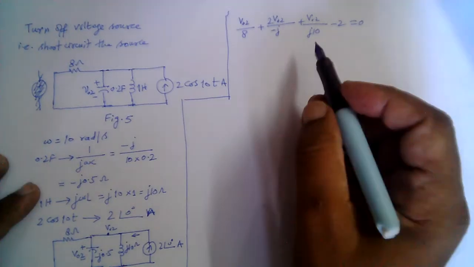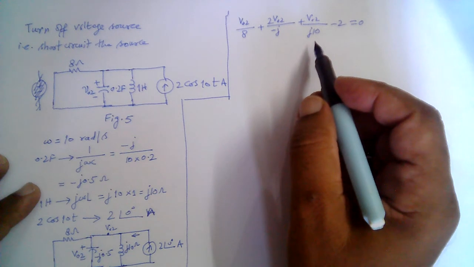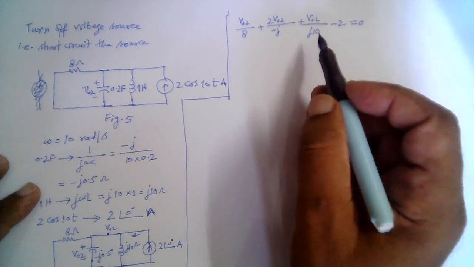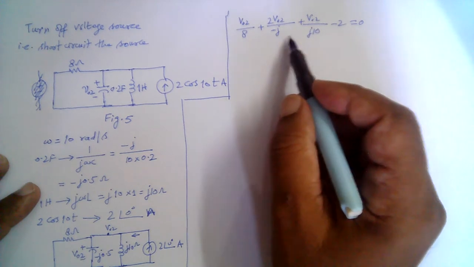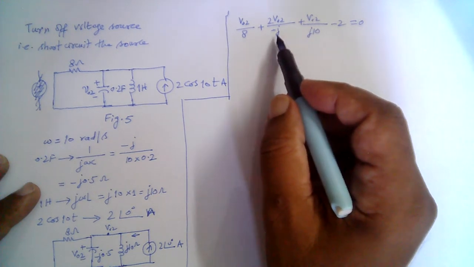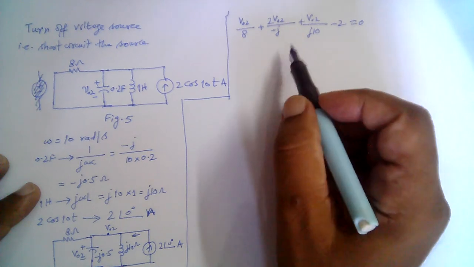So again, what we need to do is transform the imaginary numbers in the denominator and take them to the numerator.